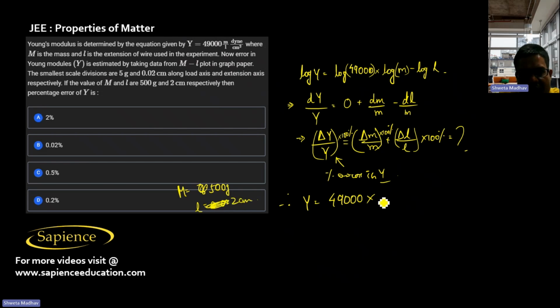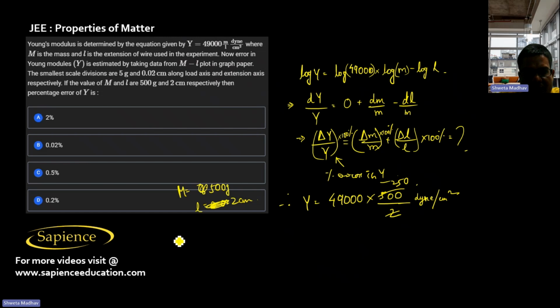So this is 49,000 into 500 by 2, which will come in dyne per centimeter square. This is why all are taken in CGS units only. This is 250.